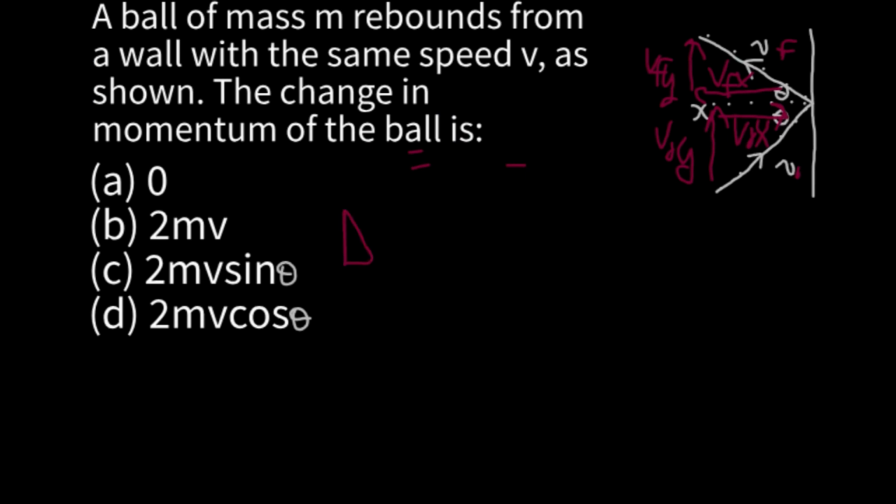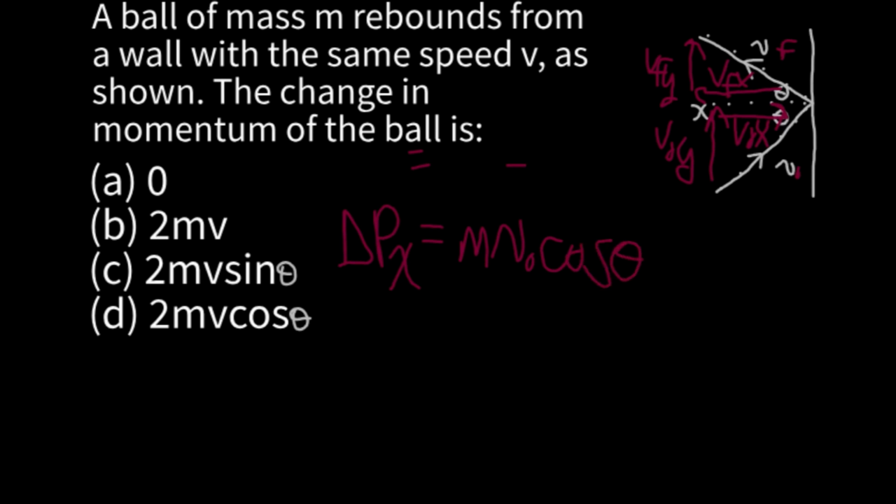So our change in momentum in the x direction, that is going to be mv naught cosine of theta.